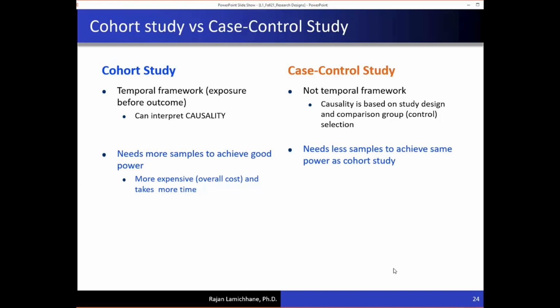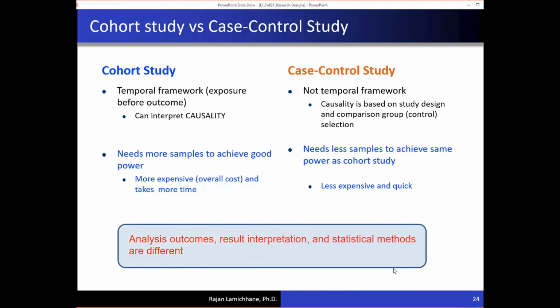While in case control studies, since we already have disease cases, we need fewer samples to achieve the same power. It is important to know different types of research designs, as the analysis as well as the interpretation of results depends on what type of research design we are using.